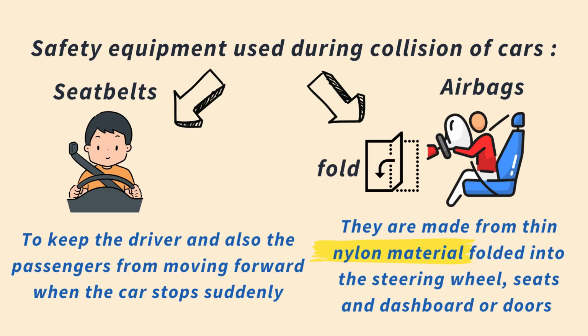Airbags are made of thin nylon material. This is a type of fabric, nylon material. And this thin nylon material is folded into some places in the car, like the steering wheel, okay, and the seats and the dashboard or doors.